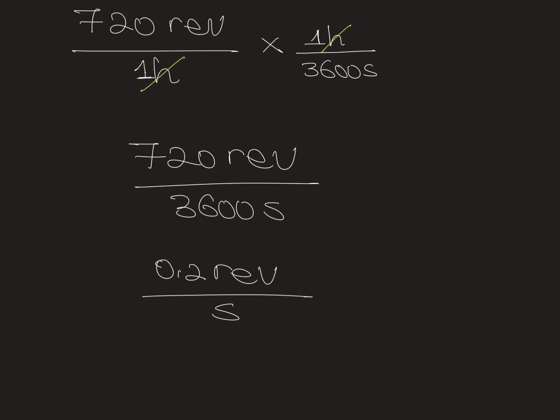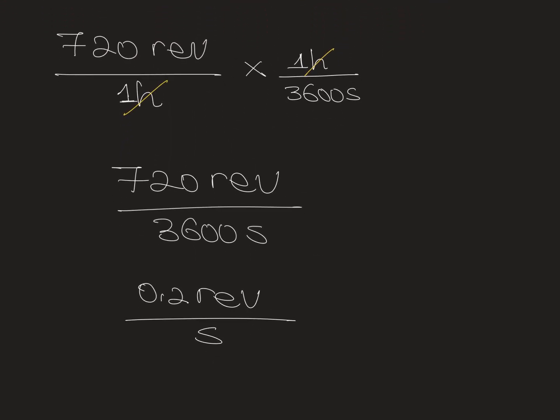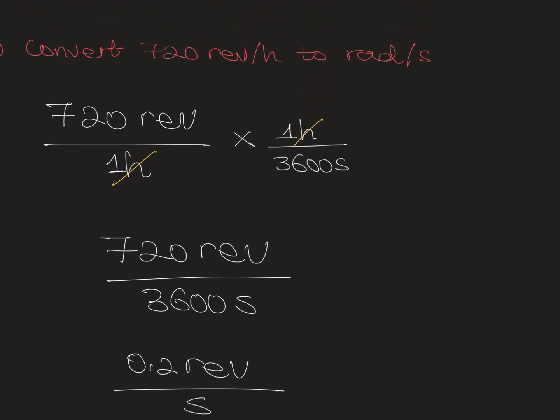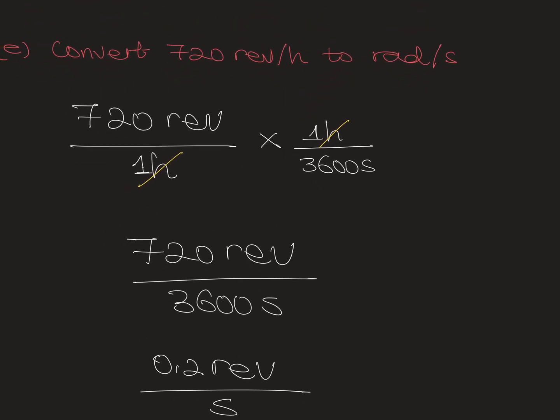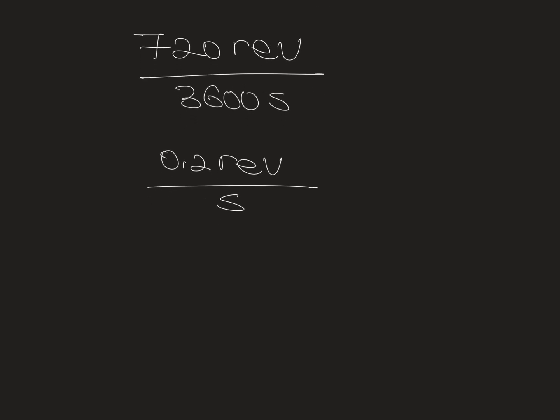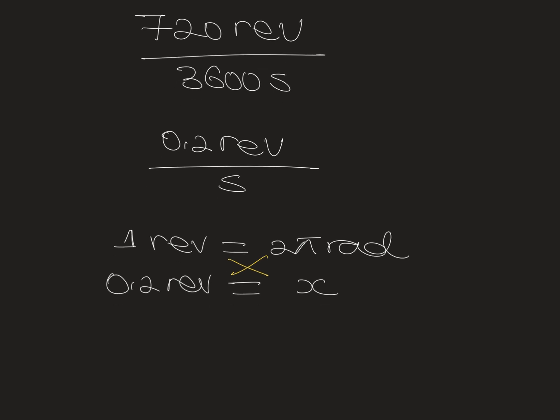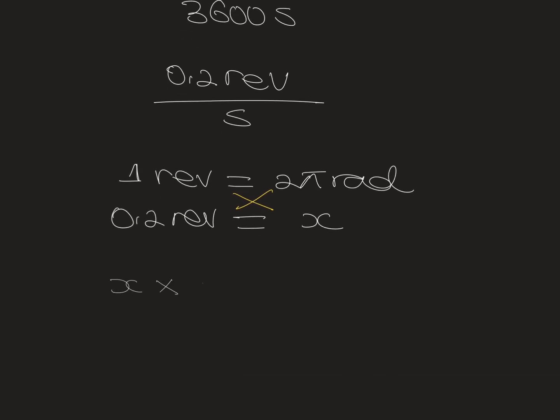So the answer is now in seconds, but the revolution has to change to radians. We know that 1 revolution is equal to 2 pi radians. So if you have 0.2 revolution, what is that? That is equal to x. We cross multiply. So we'll have x times 1 revolution is equal to 2 pi radians times 0.2 revolution.